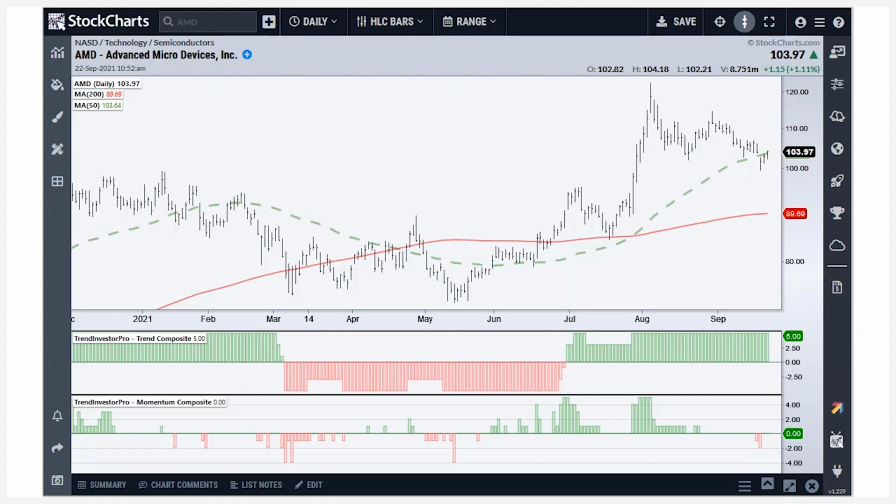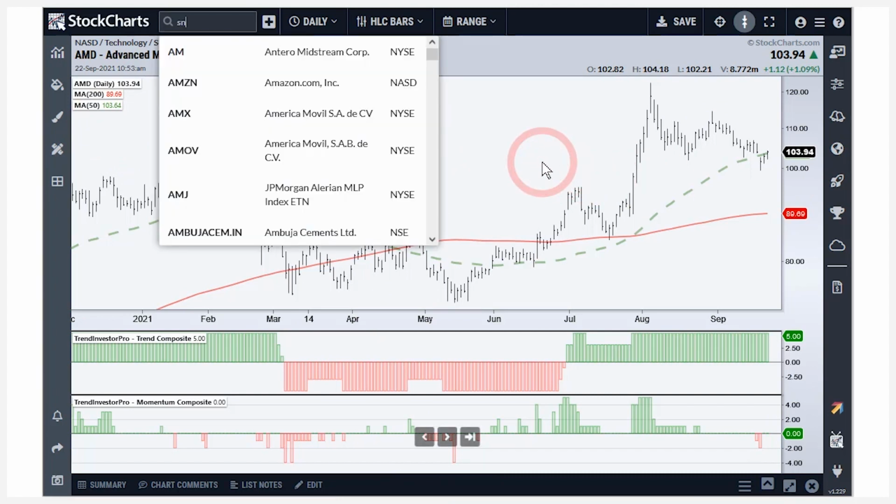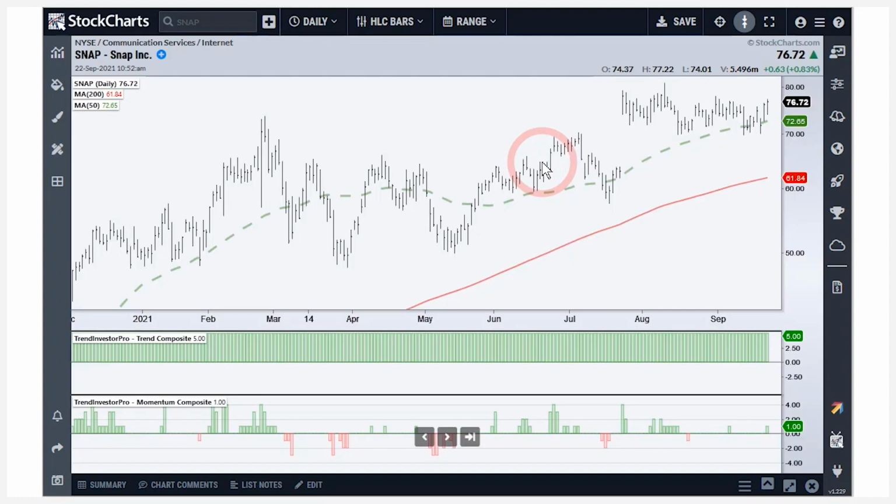Now, another one I want to look at is Snap. And I don't mean, oh, Snap, like a trend line broke. I mean like Snapchat, which has been performing quite well. There is Snapchat, and we can see that its Trend Composite has been bullish for a long time in the indicator window. I've got the Momentum Composite, and what's that? That is used to identify short-term oversold conditions when it hits -3.